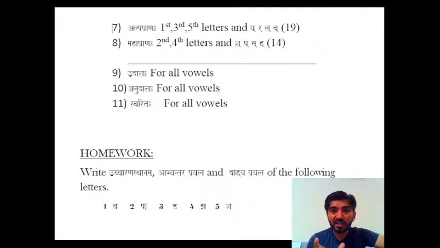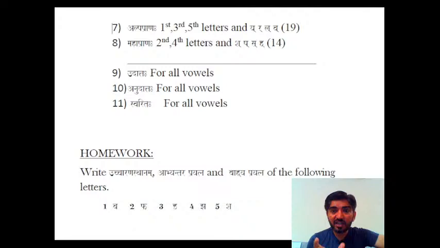So for udatta, you need to put the prefix an, and it will be anudatta. Anudatta is opposite to udatta, right? Acutely accented vowel is udatta and gravely accented vowel is anudatta.